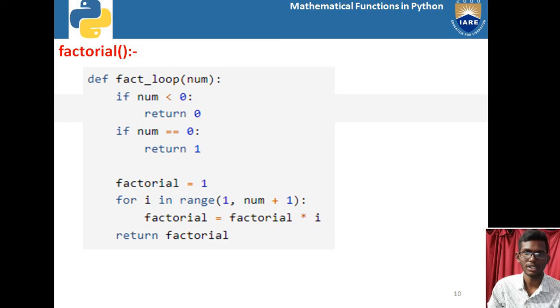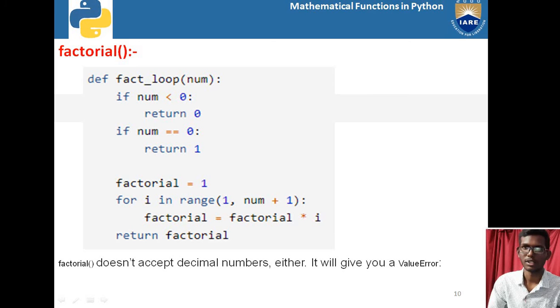for I in range 1 to number plus 1, because we have to include the given number also, so we write number plus 1. Then factorial equals factorial into I, and it returns factorial.